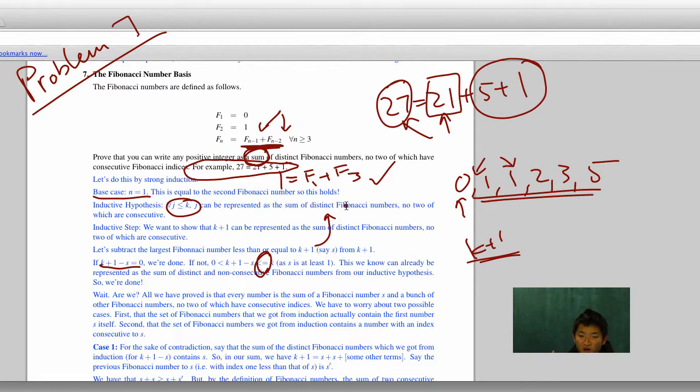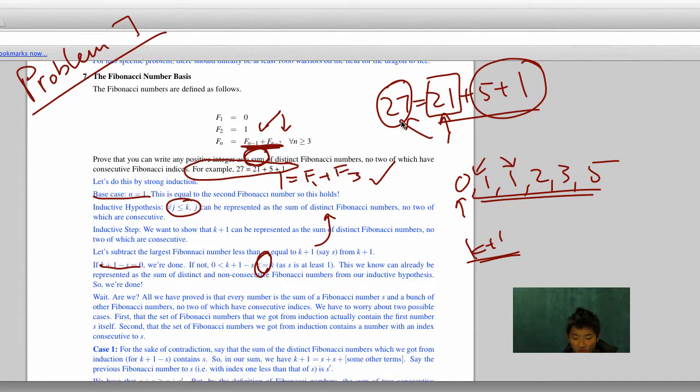However, we have two problems with the assumptions we made. Our first assumption is that we actually even have this largest number in our set of Fibonacci numbers. Because what if you can get intermediate Fibonacci numbers to add together to this target value? So this is what case 1 is for.